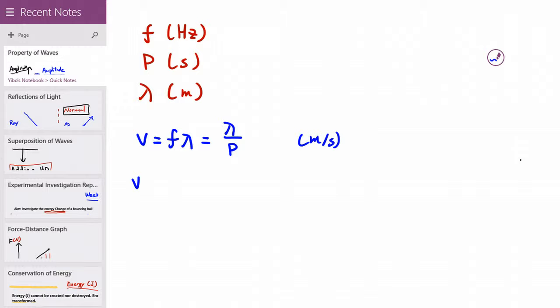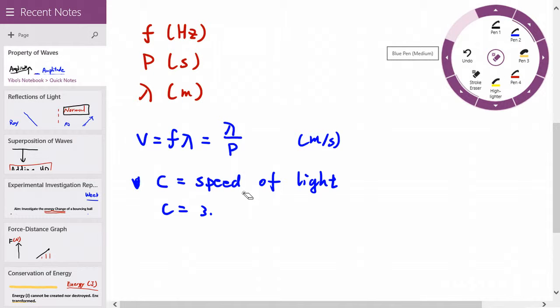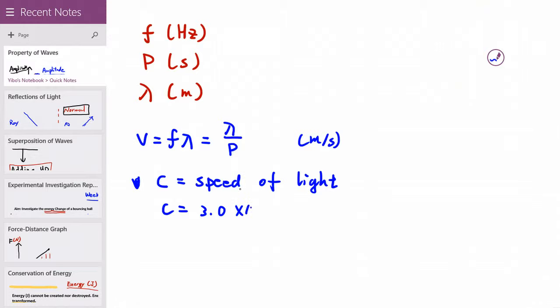Since we're going to talk about light in this topic, the speed of light is written down as c, which is the speed, and which is 3.0 times 10 to the power of 8 meters per second. This is the speed of light.